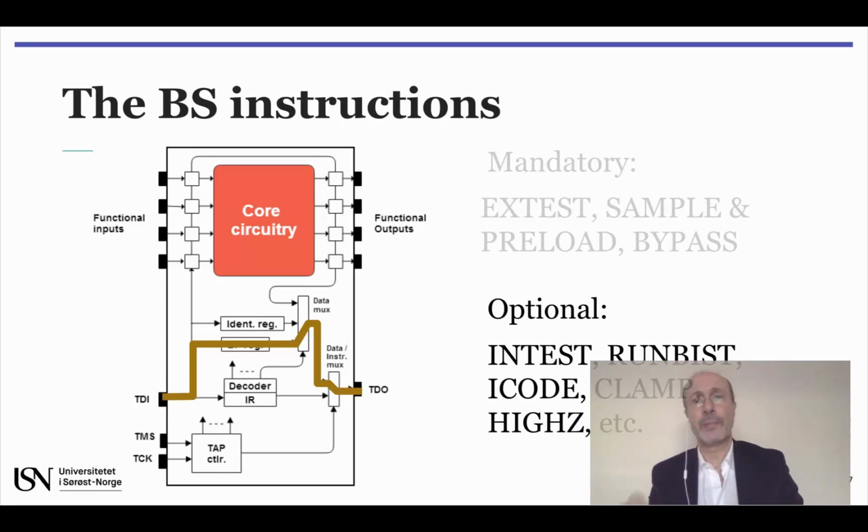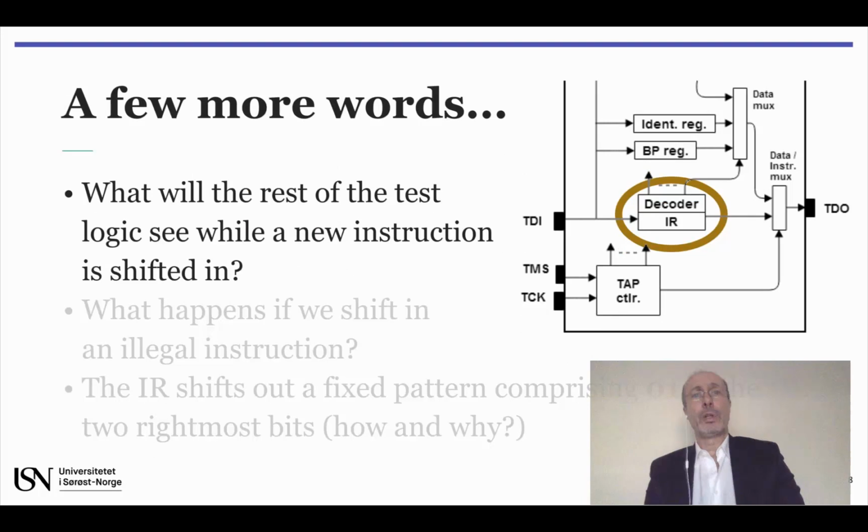Before concluding, there are 3 things that I want to tell you about the instruction register. Similar to what happens in the case of the boundary scan cells, the instruction register cells also comprise 2 stages. The output stage will be simpler in this case because there's no output multiplexer.